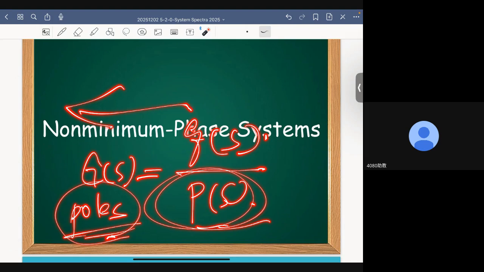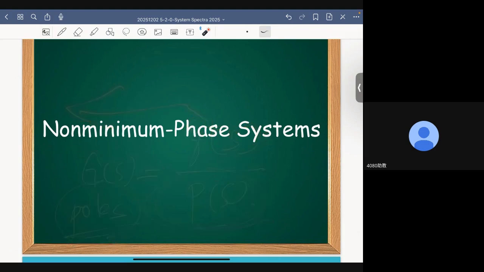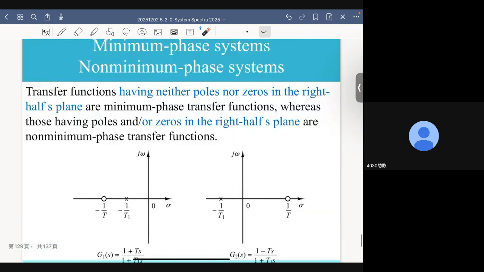The reason why we know this is because we spent a lot of time understanding the impacts of the poles. We know which poles are stable poles and which poles are unstable poles. However, we never studied the impacts of the location of zeros. Actually, it also matters.